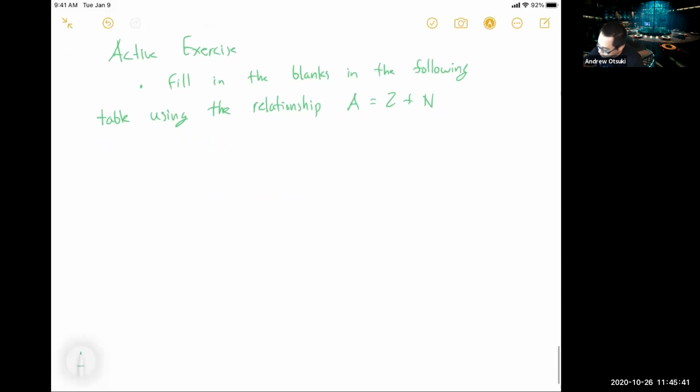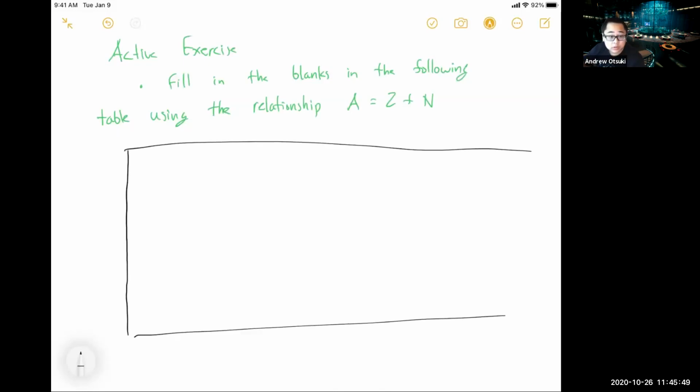All right, let's draw out the table now. Here we're going to have the name of the element: barium, oxygen. Then we're going to have 2 more rows.